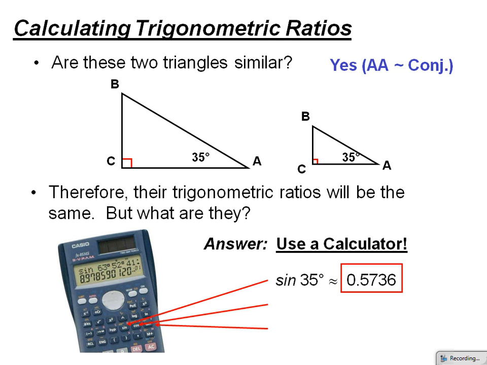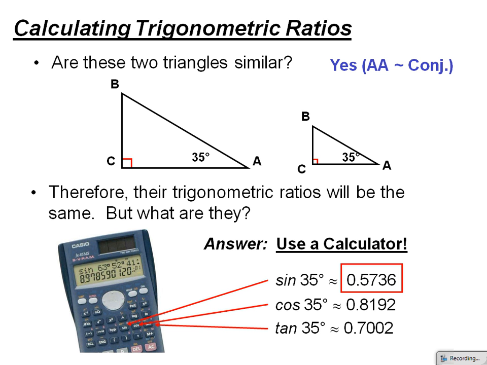Now, if we use these buttons, we could take the 35-degree angle, type in 35 and hit the sine button, and it'll tell us that the sine ratio of a 35-degree angle is 0.5736. And that's consistent. No matter how big or how small the triangle gets, the sine ratio of 35 degrees will always be 0.5736.